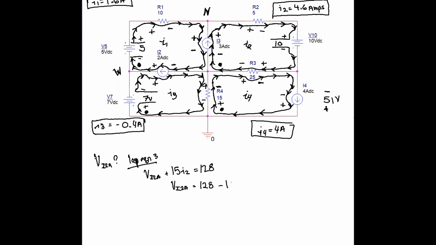And we can solve for the other voltage drops across the remaining current sources using the loop equations. We have a 59-volt drop across the 2-amp current source.